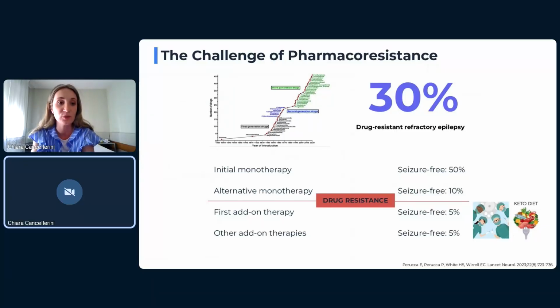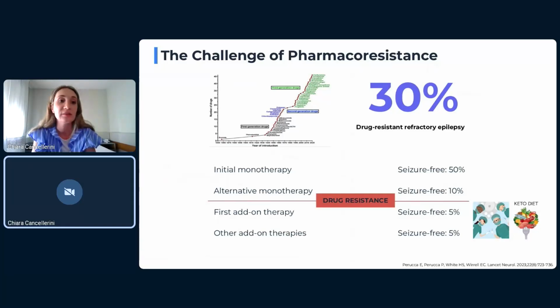spectrum of antiseizure medications, but modern therapeutic strategies can successfully achieve complete seizure control in up to 60% of patients. But approximately 30% of patients suffer from refractory epilepsy, so pharmacoresistance remains a great clinical challenge.